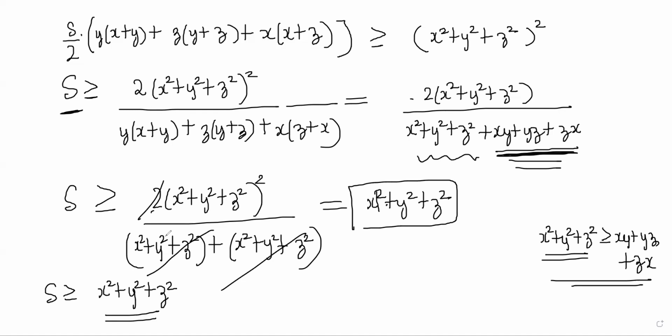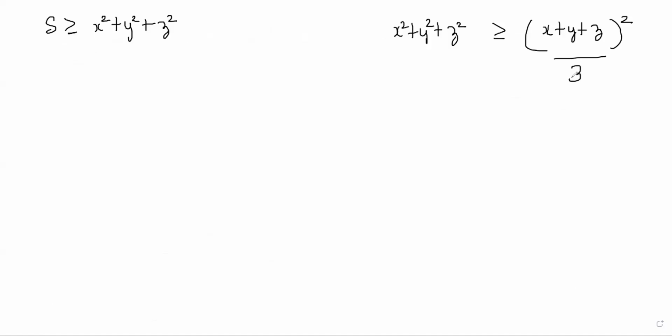So far what we have gotten is S is greater than or equal to x square plus y square plus z square. So we can actually prove that x square plus y square plus z square is greater than or equal to (x plus y plus z) whole square by 3.